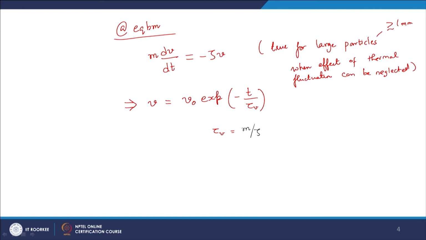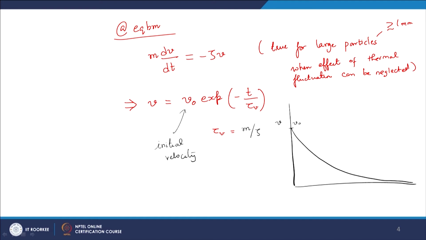Okay. So, V naught is my initial velocity. What this pretty much means is if I start with a velocity of, say, v naught, it would rapidly decay to 0 with time t by an exponential kind of a decay, and the system will cease to move.